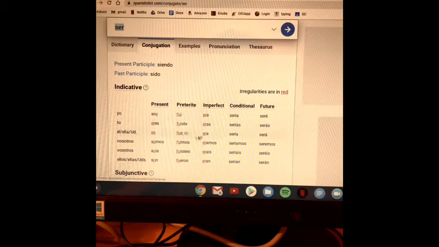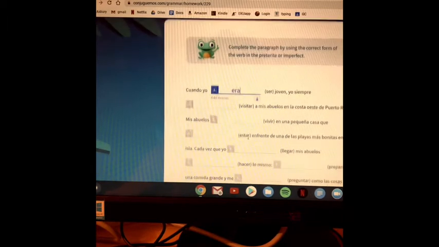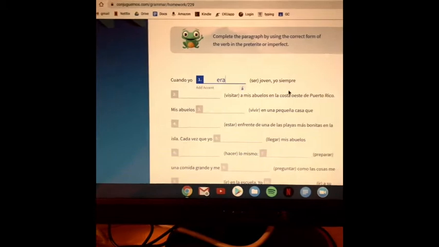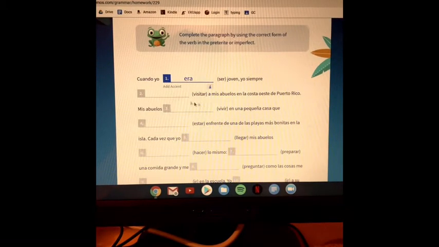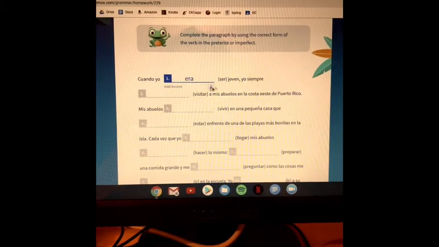So let's look at our preterite and imperfect. We've determined that it's going to be imperfect. So we're going to say yo is era. So cuando yo era joven, yo siempre visitar, so visitar is to visit, a mis abuelos. So I always visited my grandparents on the coast of Puerto Rico.